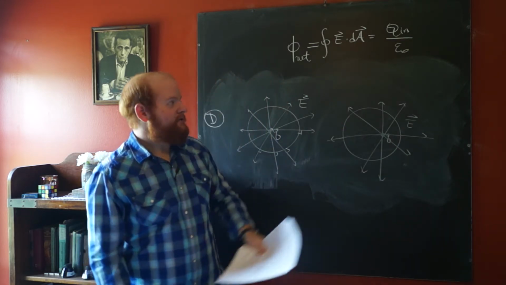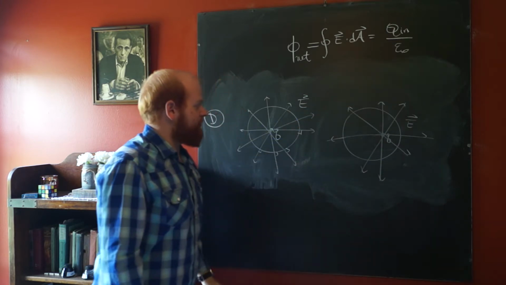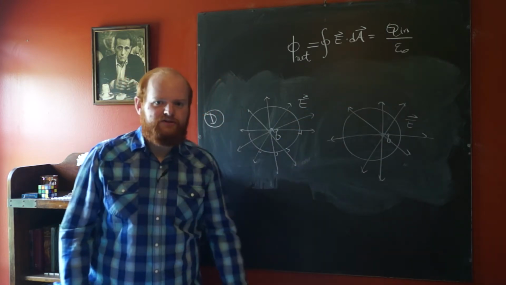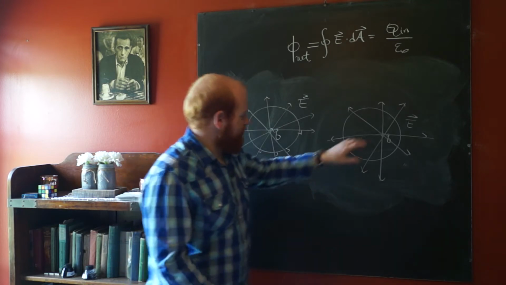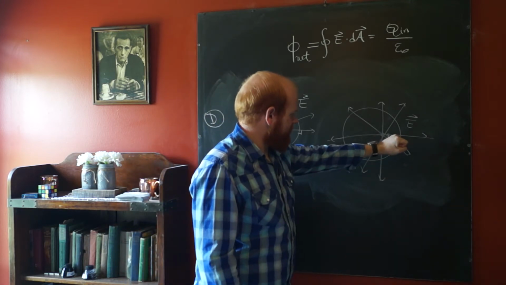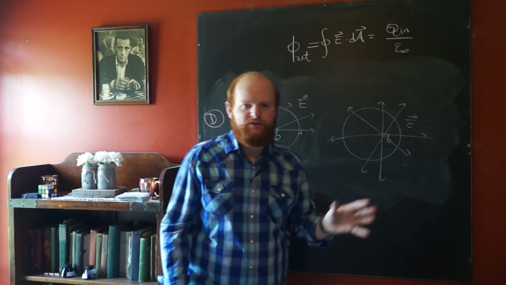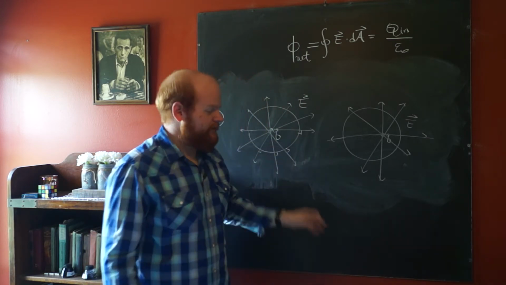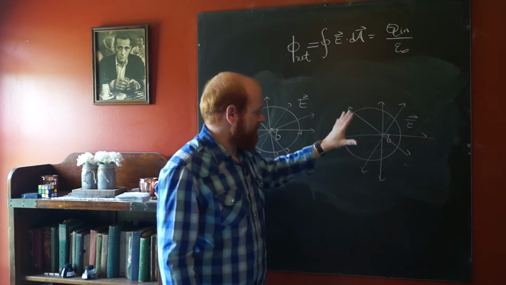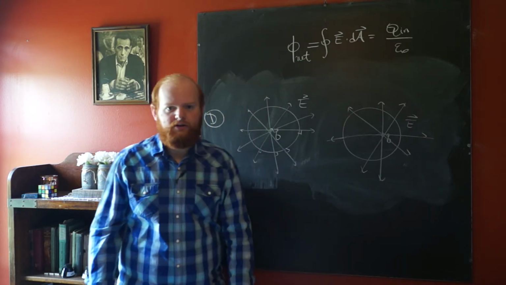Now, Gauss's law says Q inside is the same for both, therefore the flux has to be the same for both. On the places where the field lines are closer together, that makes up for the fact that they're farther apart over here, and you still have the same number of field lines. Loosely speaking, think about that as a heuristic: the same number of field lines poking out of the surface as before.